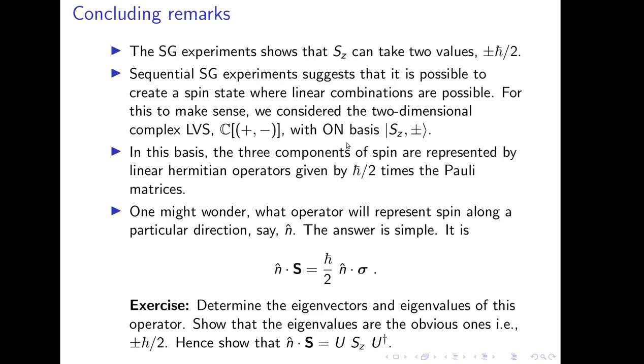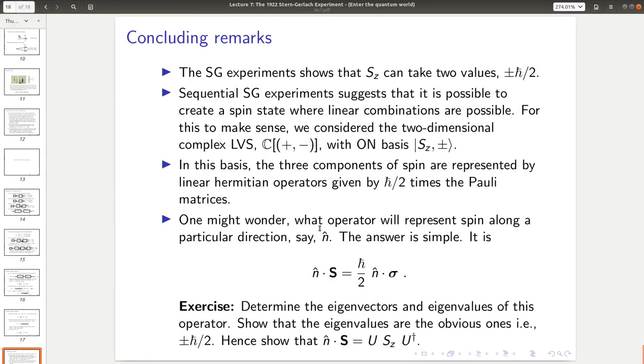With this basis, Sz plus corresponds to plus spin and Sz minus corresponds to minus spin. So this is a two-dimensional complex vector space. In this basis, the three components of spin are represented by linear Hermitian operators, this is important, given by h bar by 2 times the Pauli matrices.